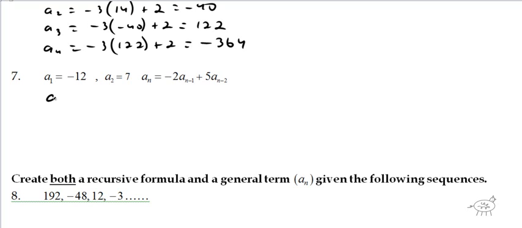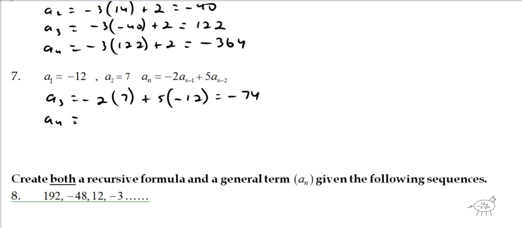Okay. The next one is based off of the 2 previous terms. So I'm looking for a sub 3, which is negative 2 times the previous term, which is 7, right? That's the one right before it, which is a sub 2, plus 5 times 2 ago, which is negative 12. And that gives us negative 74.